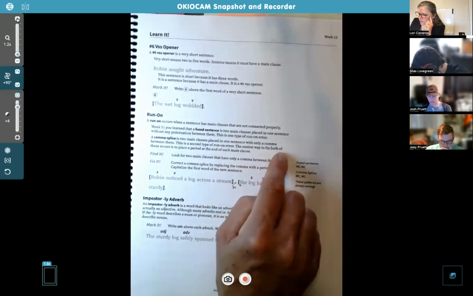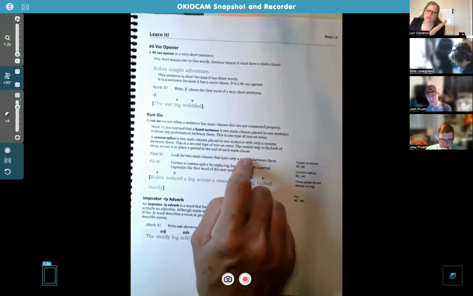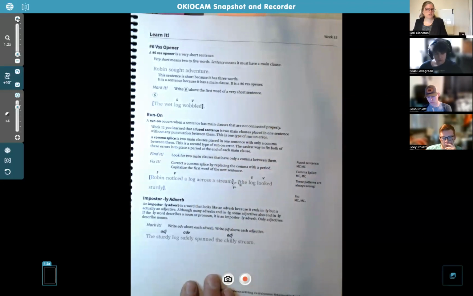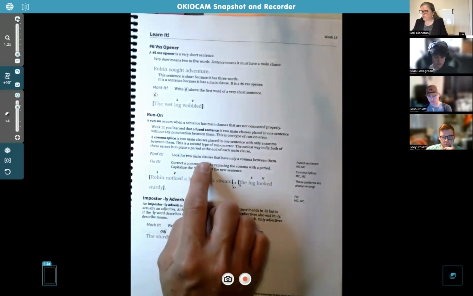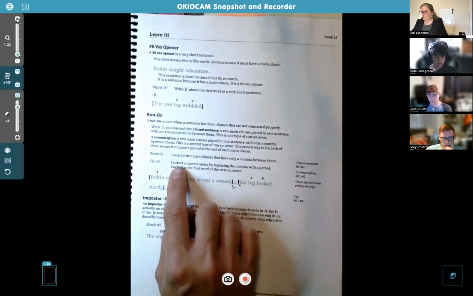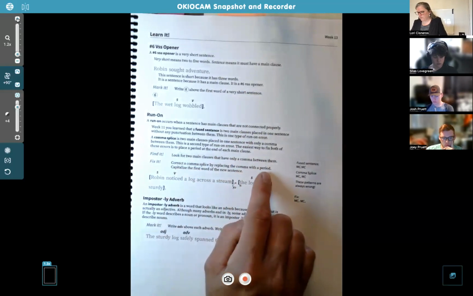The easiest way to fix both of those errors is to place a period at the end of each main clause. So something to be aware of: when you have two complete thoughts, they really should be two separate sentences. Sometimes, by accident, we'll make it into one big sentence. It's too much. So when you find it, you're going to look for two main clauses that have only a comma between them, and then correct a comma splice by replacing the comma with a period.